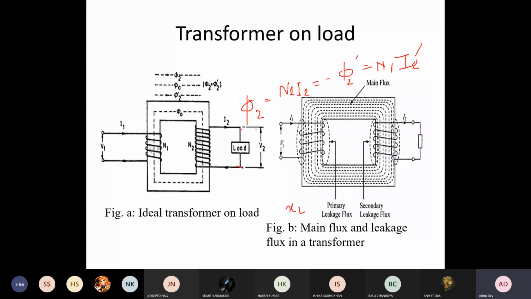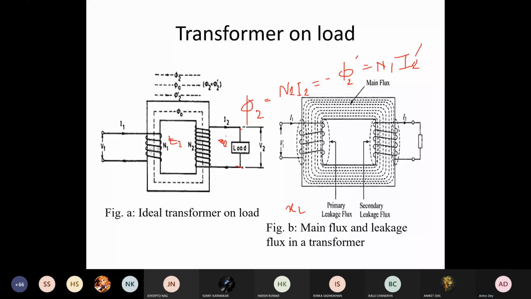If there is no resistance and no reactance in this coil, then E2 is equal to V2, isn't it? Agree? But whenever there is R2, which is the resistance of this coil, and the leakage reactance X2, then what will be your equation?